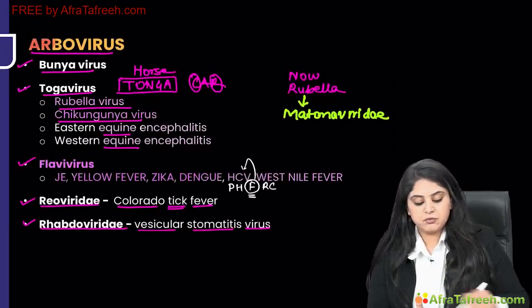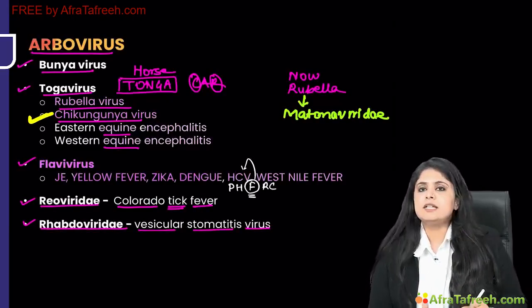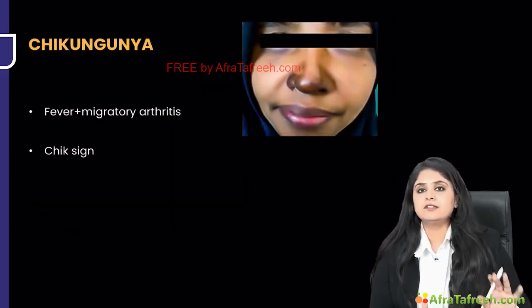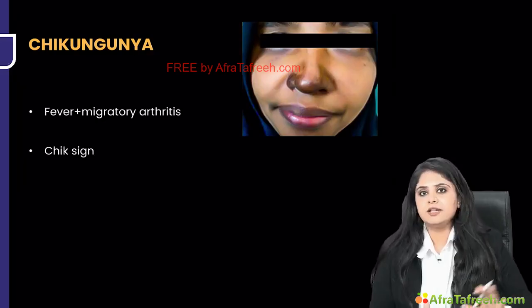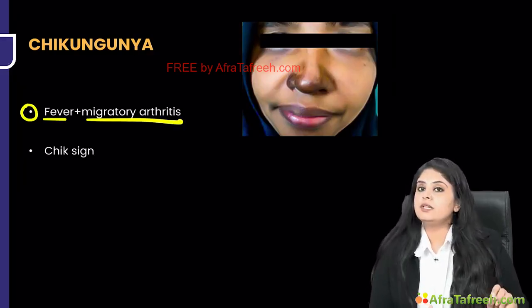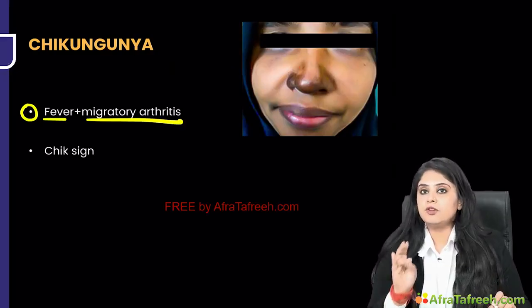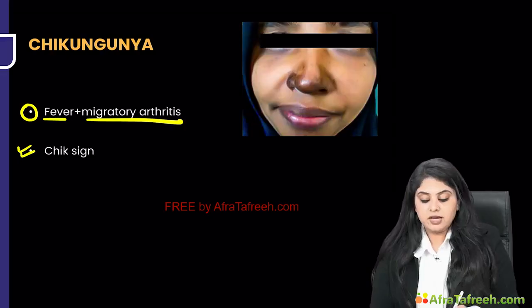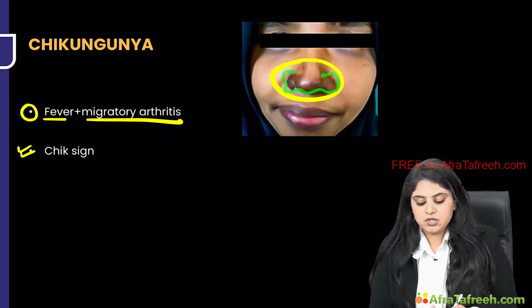Now we can start off with the one that we have to know in detail. Chikungunya, nothing very fancy about it. I think you already know that Aedes is the vector that you've studied. Aedes, chikungunya. Number one, you know that this is not just fever, but there is joint involvement. Joint pain and joint involvement happens in chikungunya. Apart from that, in dermatology, you are asked about this chick sign. What is chick sign? Can we all see the hyperpigmentation over here?